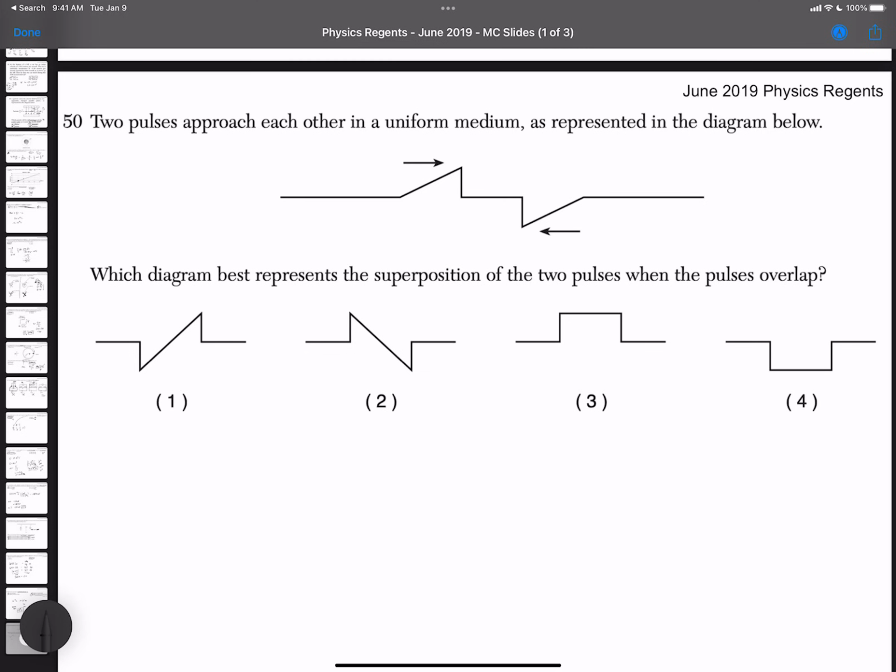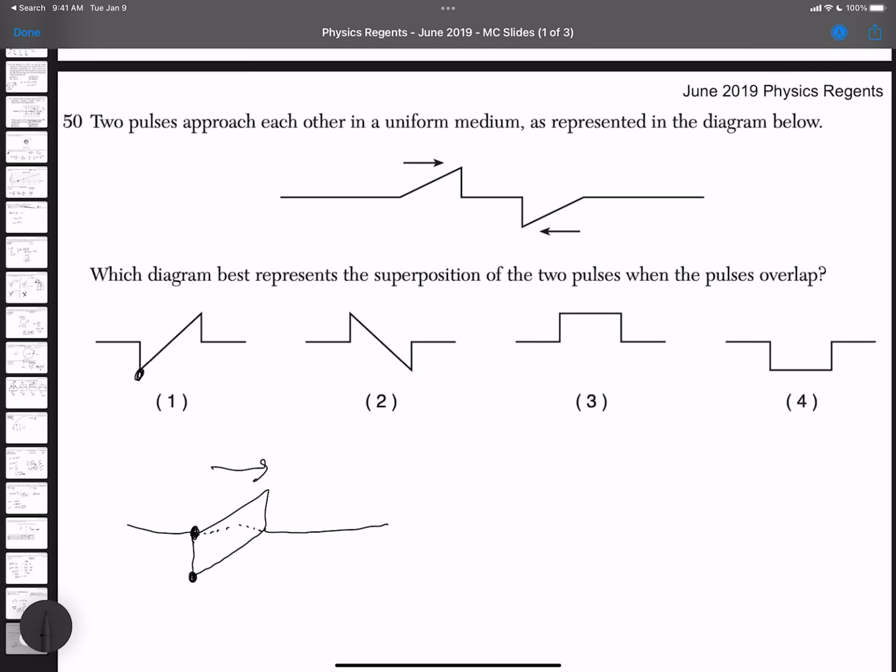So I think the key to answering this question is to draw them actually overlapped on each other. So this is the pulse that's traveling from left to right, and this would be the pulse that's traveling from right to left. So I think one of the things to notice is that at the endpoints, we're ending up with a wave that starts 0 plus something downwards, right?